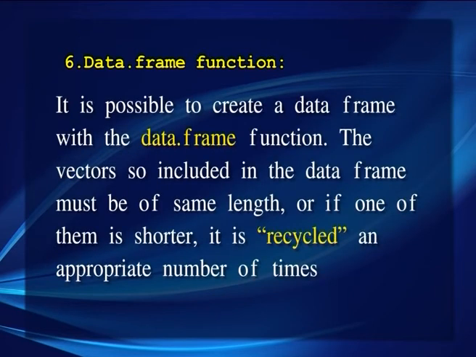It is possible to create a data frame with the data.frame function. The vectors included in the data frame must be of the same length, or if one of them is shorter, it is recycled an appropriate number of times.